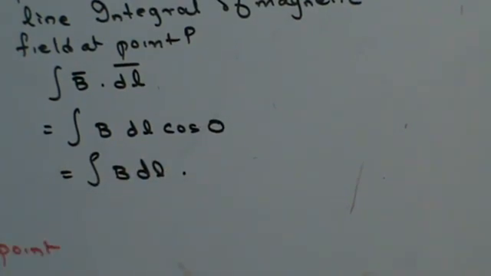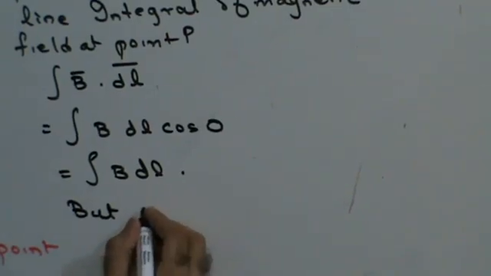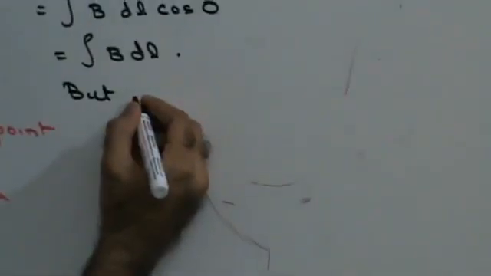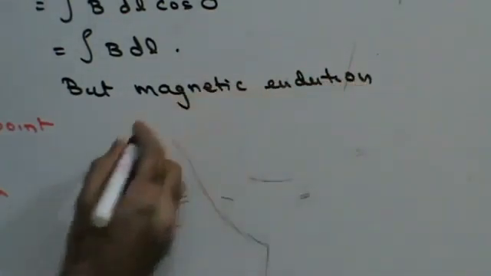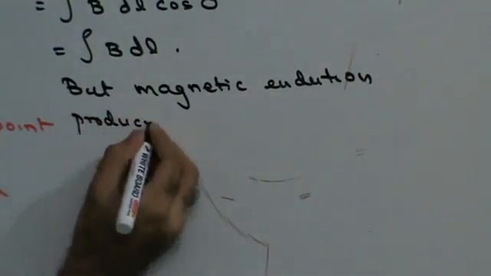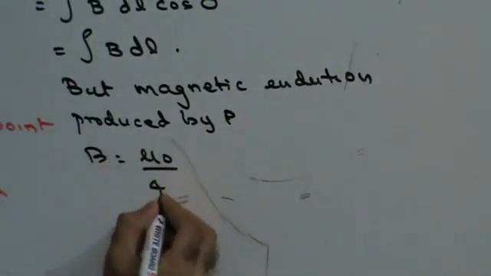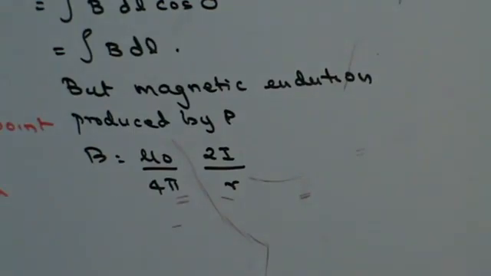But we have already found out that the magnetic induction produced at point P is given by mu 0 upon 4 pi times 2I upon R. Now substitute this value of B here.